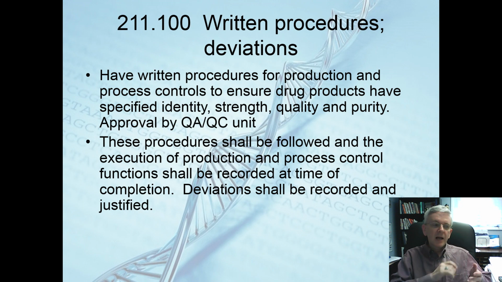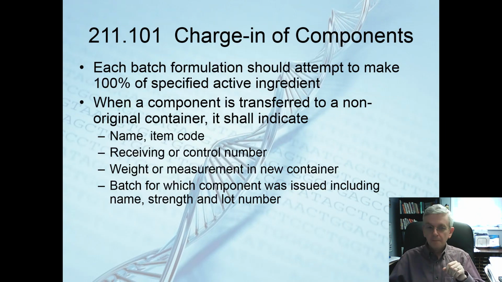When I'm done, I go over and sign that, yes, I cleaned this piece of equipment. That doesn't mean your hands are all soapy and you have to fill this out right then and there, but it means you have to do it post haste, go over and fill it out. Any deviations to any of these activities shall be recorded and those deviations justified.